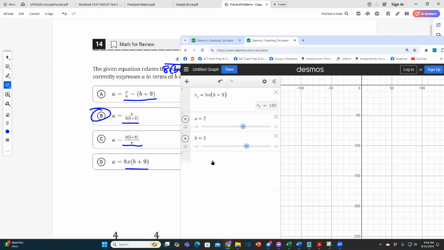I won't put them all in, but I'll put in x1 over 8 times the quantity b plus 9, and the result is 2. All the other ones will give you something different. So I'll just try x1 over 8 minus the quantity b plus 9, and it came out to be 12.